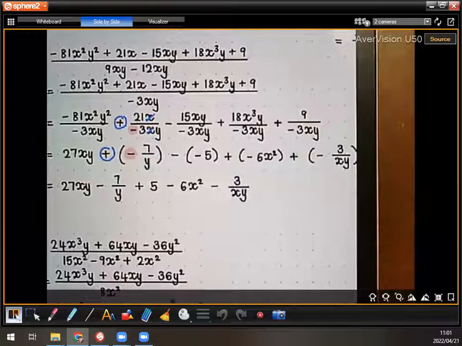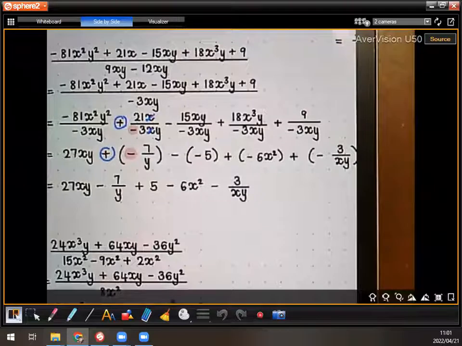Subtracting 3 all the way is 1. If we converted it, it would be 3x to the negative 1 y.